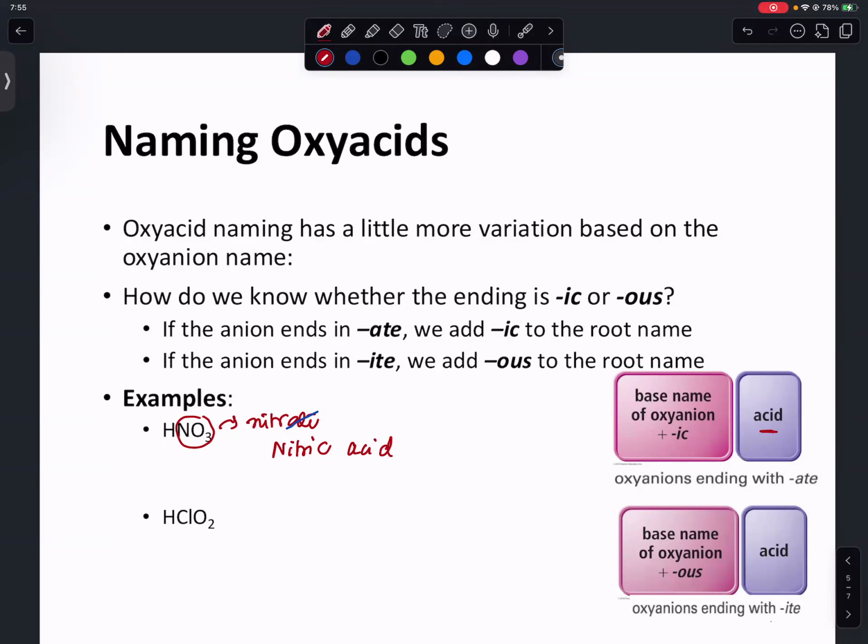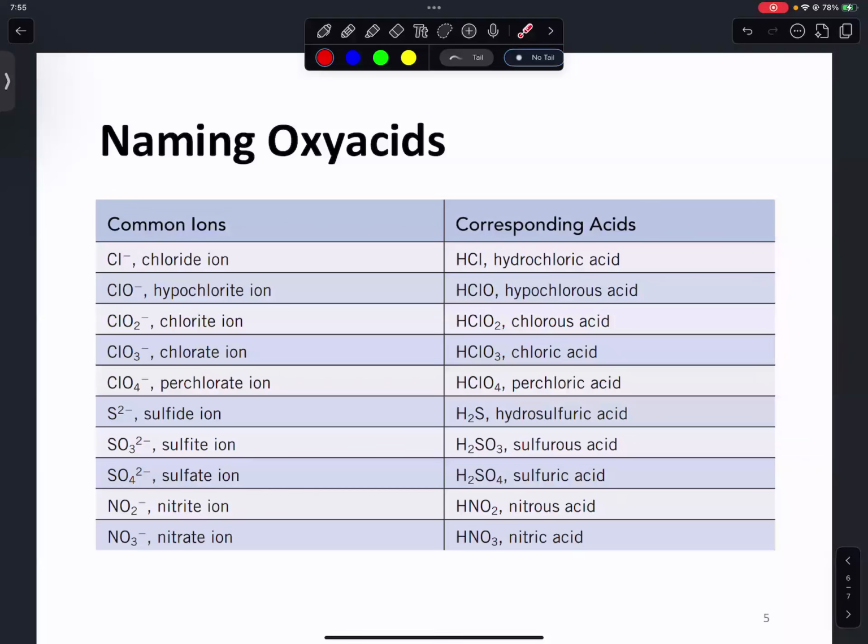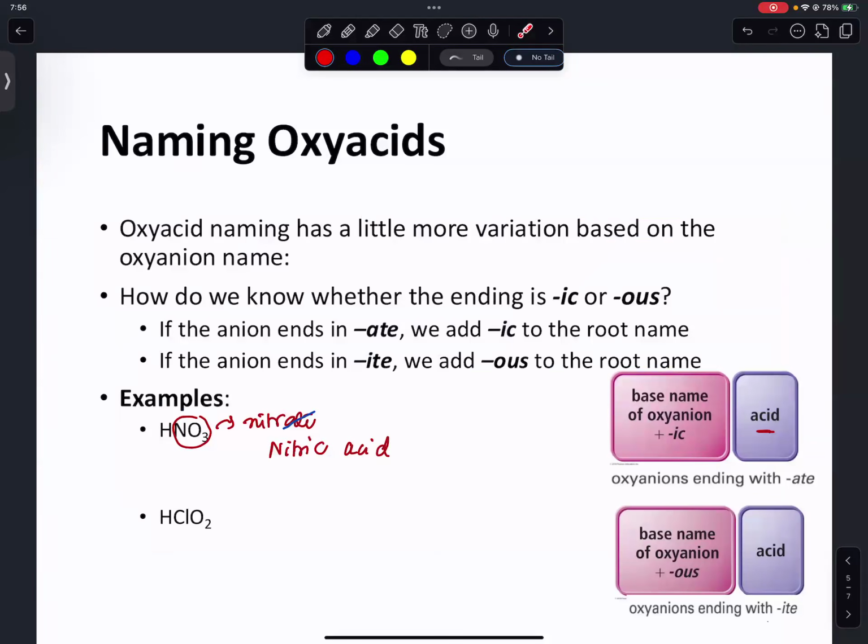Now, if an oxyanion ends with ite, so remember ite is used to indicate the lower number of oxygens in the oxyanion, we will drop the ite at the end and convert it to ous. And just for your reference, on the next slide I put all the common oxyanions and their corresponding acids. Let's look at the example right here.